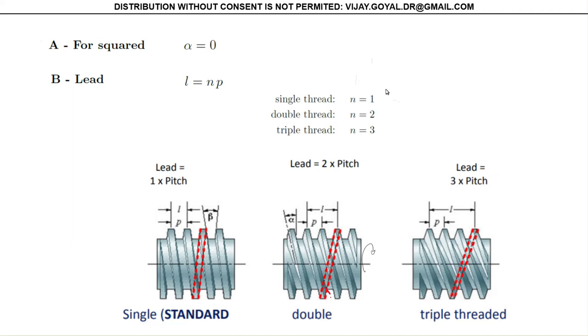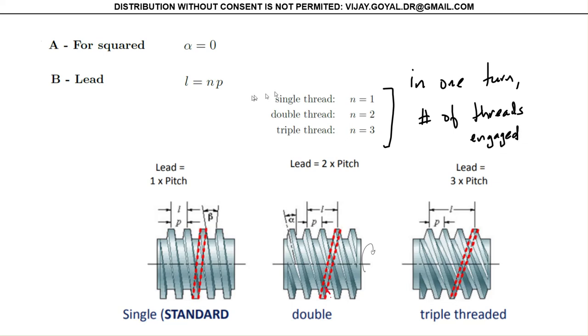Okay? So then you can call this N. In general, lead is equal to N times P, where basically you're saying in one turn, this is the number of threads that are engaged. Okay, I'm not sure if it's in your textbook, but this is very, very important.